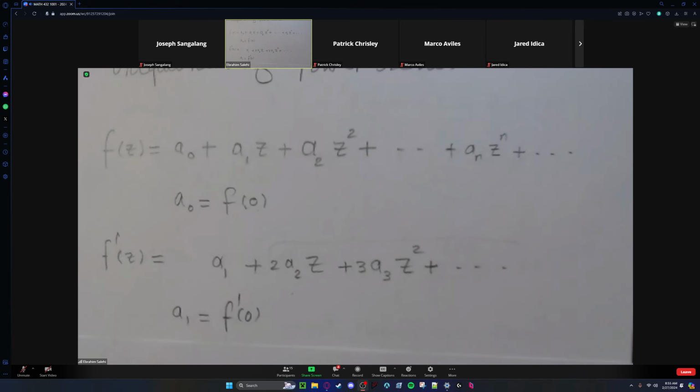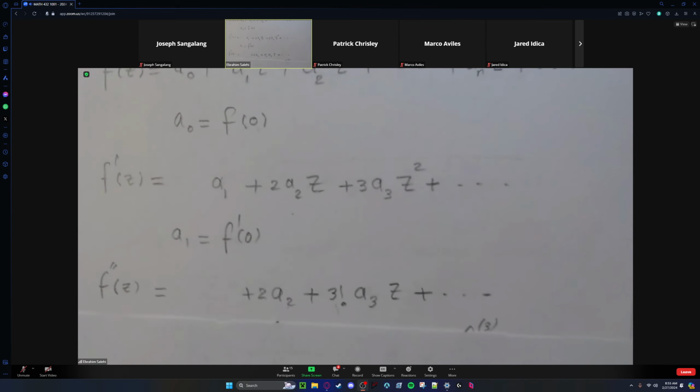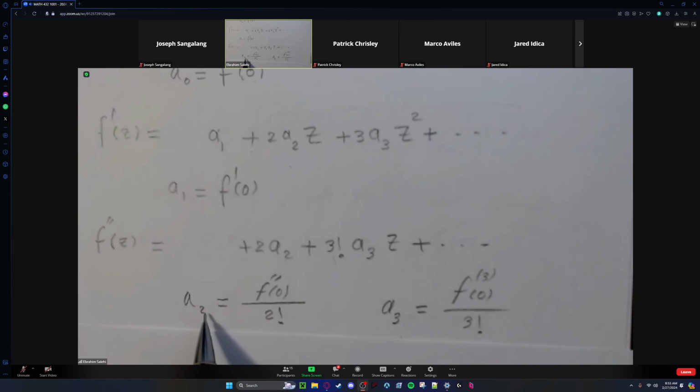You continue this, of course. Next time, f double prime, and you evaluate again at 0, so you get 2a2 is f double prime at 0. Here is a2. You do it one more time.